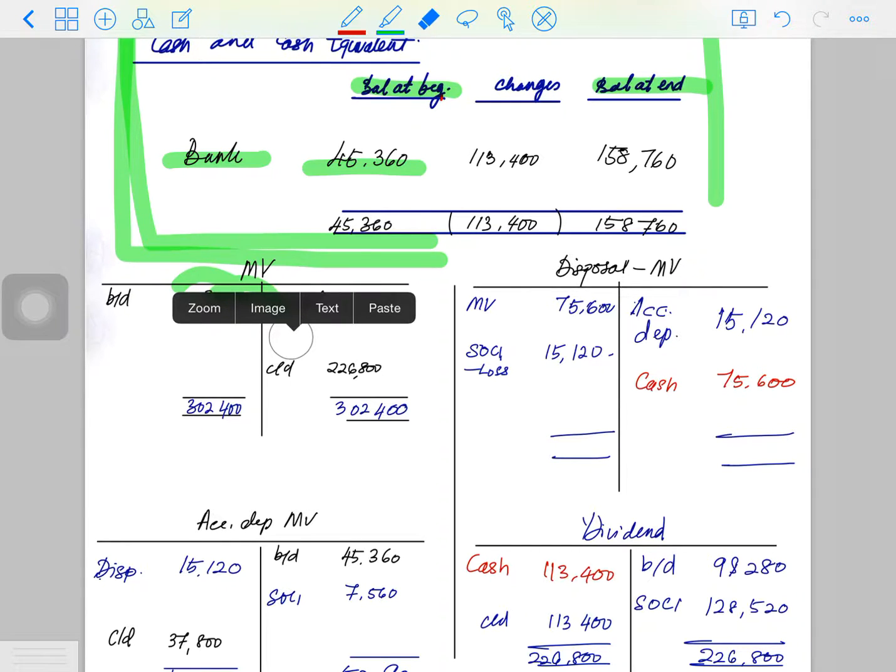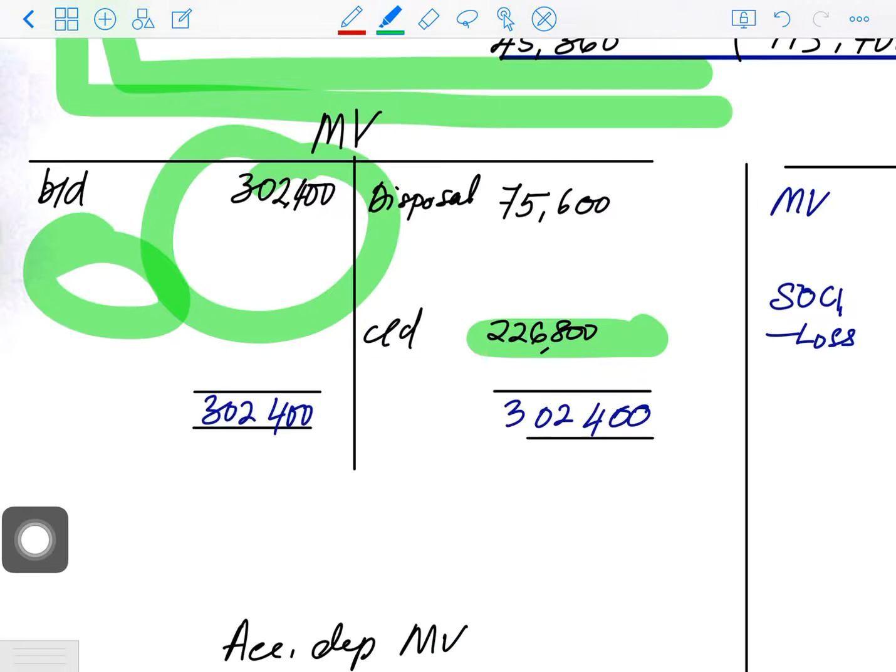Since they mentioned that there is no purchase: purchase normally we would record on this side, together with the cash we use to buy the motor vehicle.